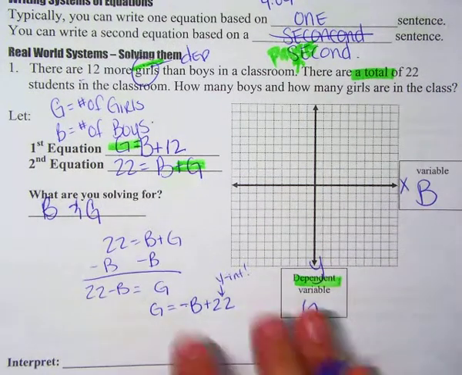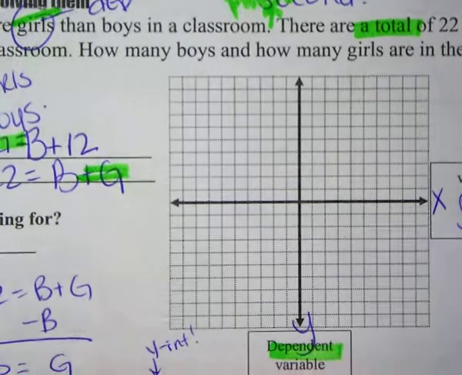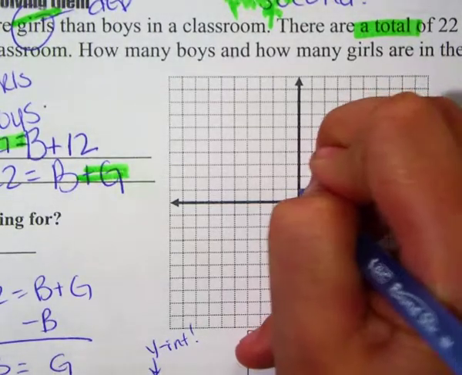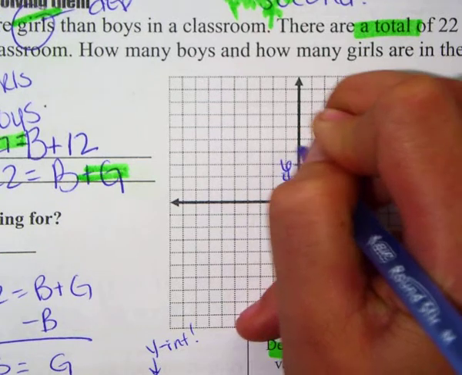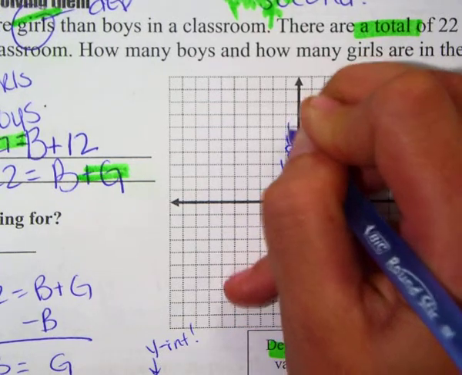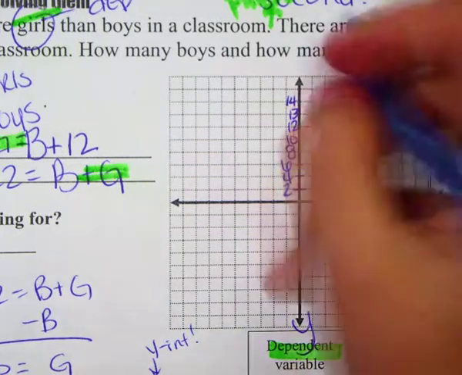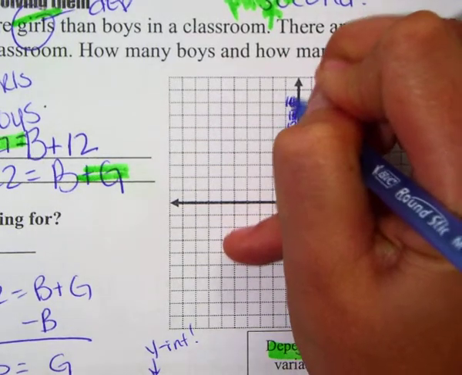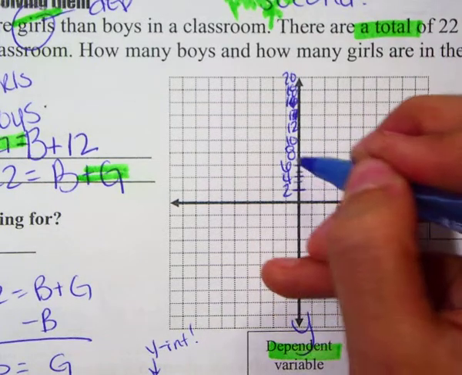So what I'm actually going to do, I'm going to zoom in. I'm going to scale my axes by 2. So every line is going to be worth 2. And then anything in between, 12, 14, 16, 18, 20. Anything in between is a 1.